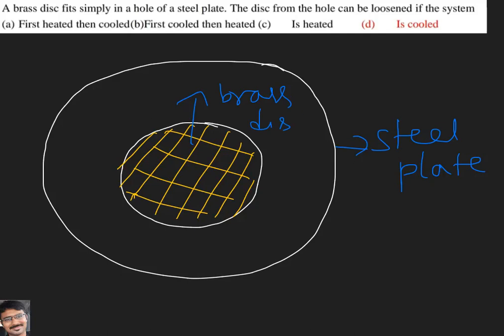Like that it is fitted inside, and happily they are staying like that. So that is the question. A brass disc fits simply in a hole of a steel plate. Okay, we understood that one. What is the question they are asking? The disc can be loosened from the hole if the system is heated. So our target is to remove the brass disc.